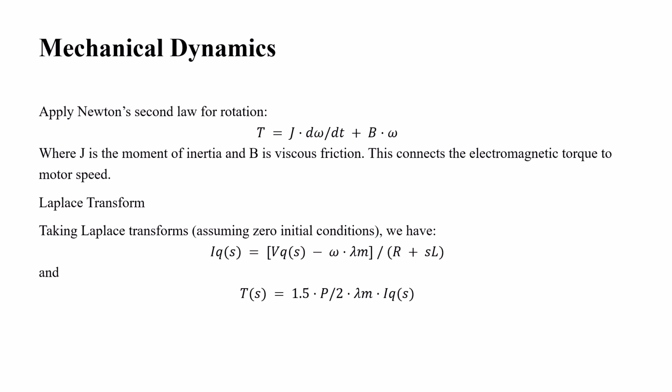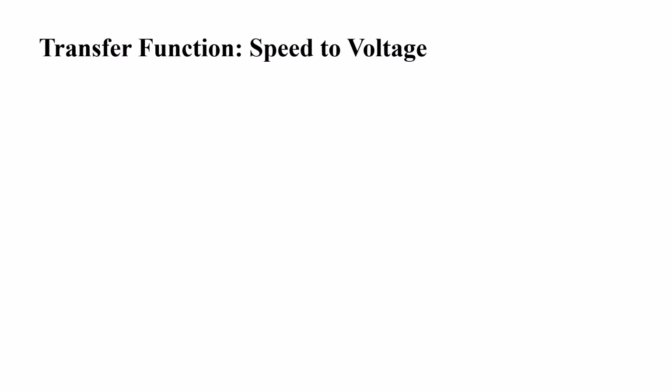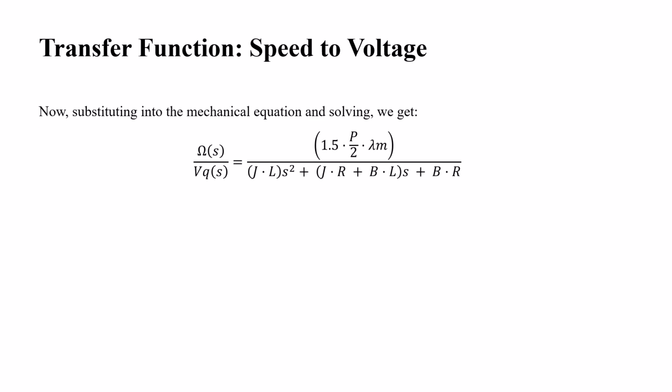And when it comes to the transfer equations with respect to speed to voltage, before we discussed the position to voltage, now we are going to discuss speed to voltage. So when we transform all these mechanical equations, then automatically we know output by input, so it will come like this.